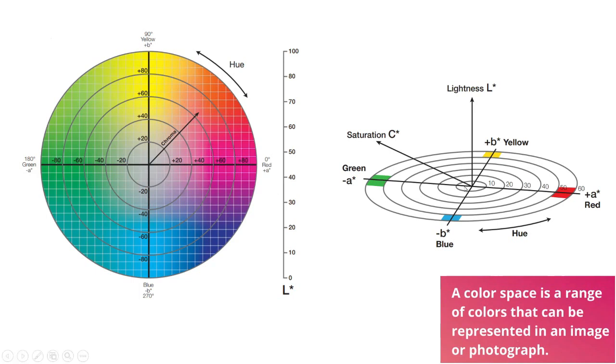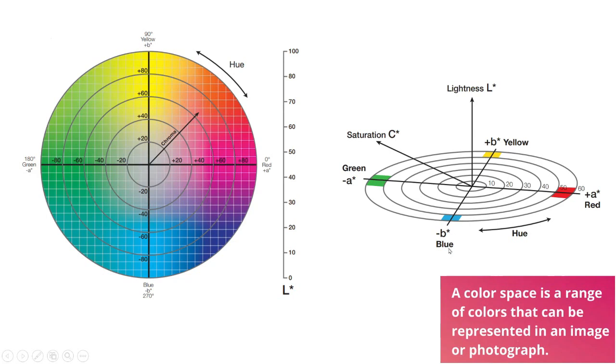Now coming to this three-dimensional space, that is L star, a star, b star. Here you can see if you are getting a positive a star value, that represents there is a presence of red tint in your sample. Okay, if you are getting a negative a star, it tells that in your sample there are green components present. Like that, if you are getting a positive b star value, yellow components are there.